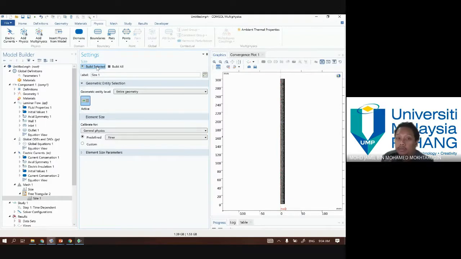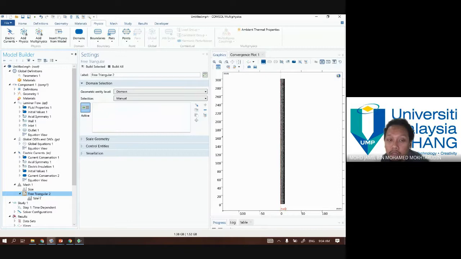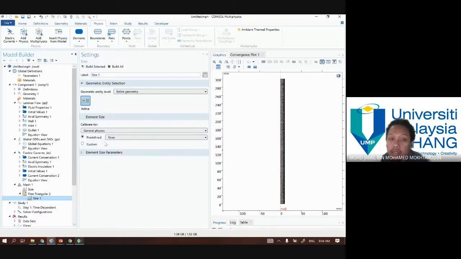And then after you manage to mesh only the heart, then you can try build all. When you build all, you will see that the heart will have smaller mesh, but the abdomen, the body, will have bigger mesh compared to the heart. So you just choose free tetrahedral, and then in the domain, choose the heart, and then right click free tetrahedral, choose size, and then choose the mesh size that you want.